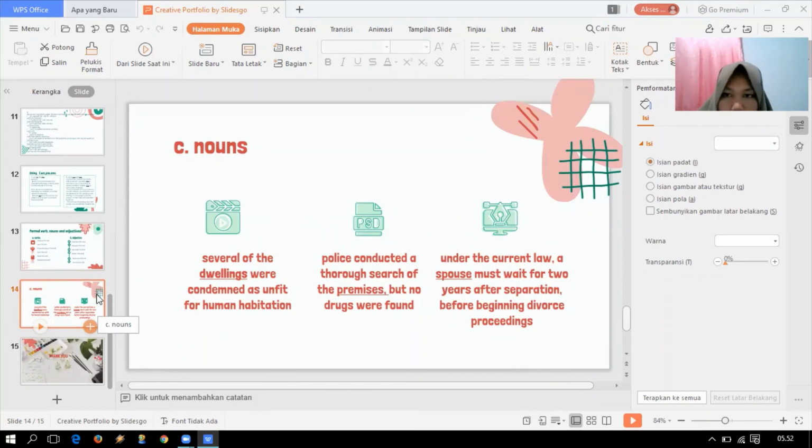For example, several of the dwellings were condemned as unfit for human habitation. Next, police conducted a thorough search of the premises, but no drugs were found.